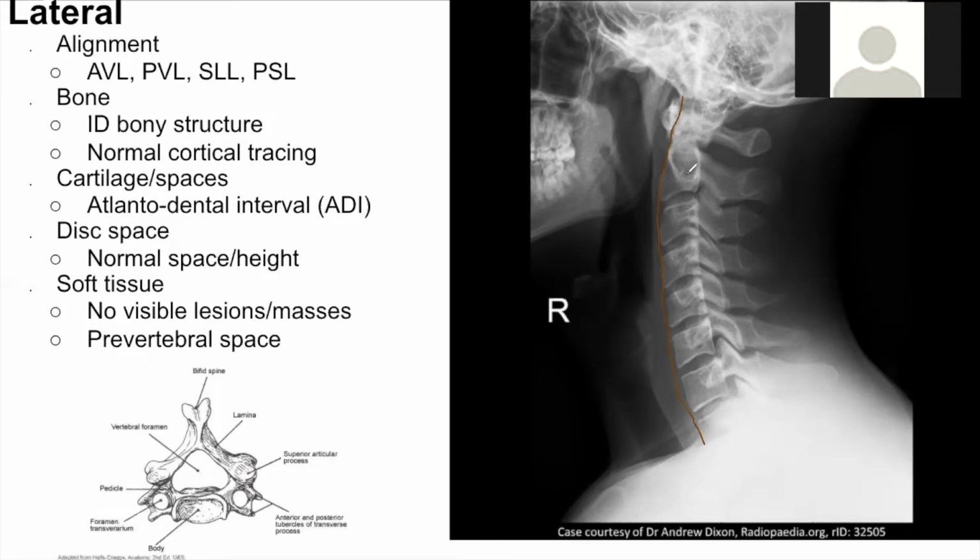And then this is the vertebral body. The most posterior aspect of the vertebral body is the posterior vertebral line, and that's the PLL. And the next line is the spinal laminar line, and that's this line right here.